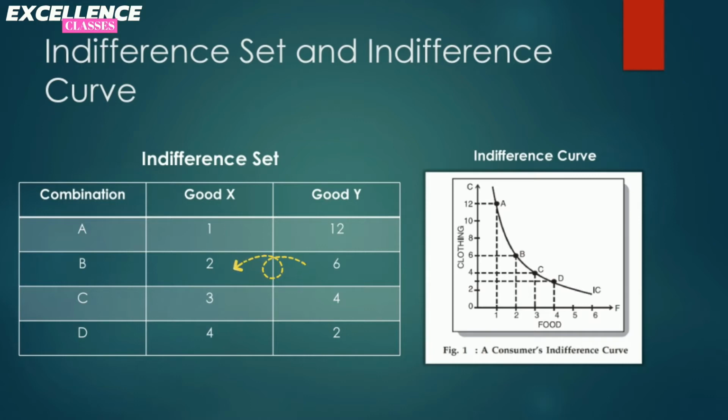A agrees to sacrifice 6 units of mango for an additional unit of apple, hence we have two combinations of apple and mango giving equal satisfaction to A as follows: 1 unit of apple and 12 units of mango. Similarly, 2 units of apple and 6 units of mango. By asking him similar kinds of questions, we can get various combinations as given in the indifference set and indifference curve in these slides. So this was all about indifference set and indifference curve.